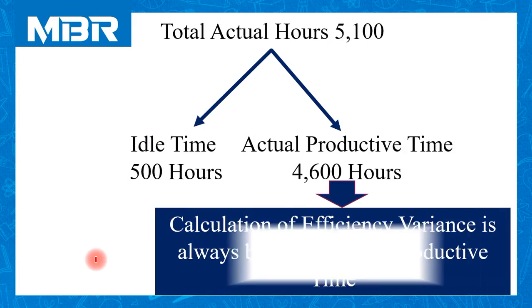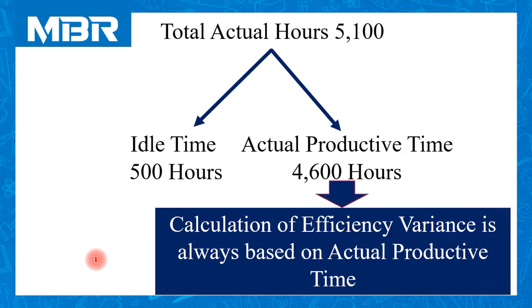And for this productive time, we can calculate efficiency variance. In the previous question, information of IT was not given, so we calculated our efficiency on the basis of total actual hours given in the question.